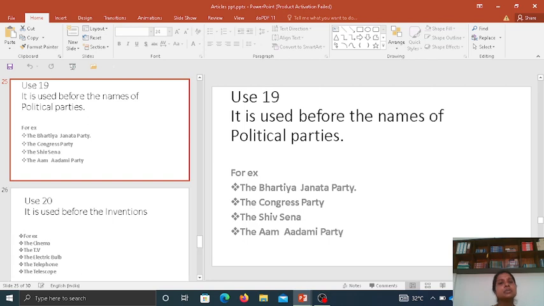Then use number 19. It is used before the names of political parties. For examples, the Bharatiya Janata Party, the Congress Party, the Shiv Sena, the Aam Aadmi Party.